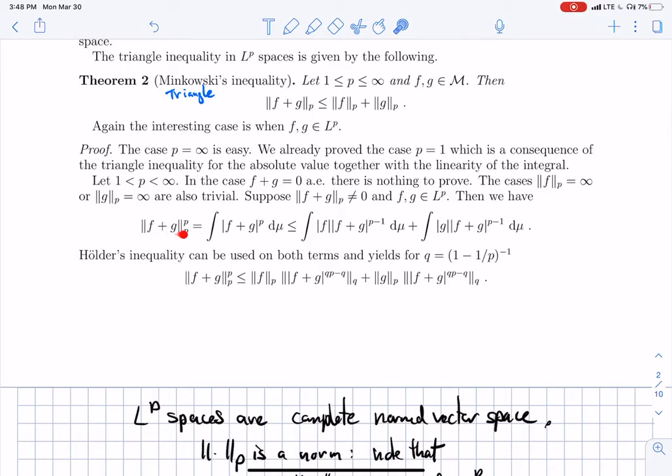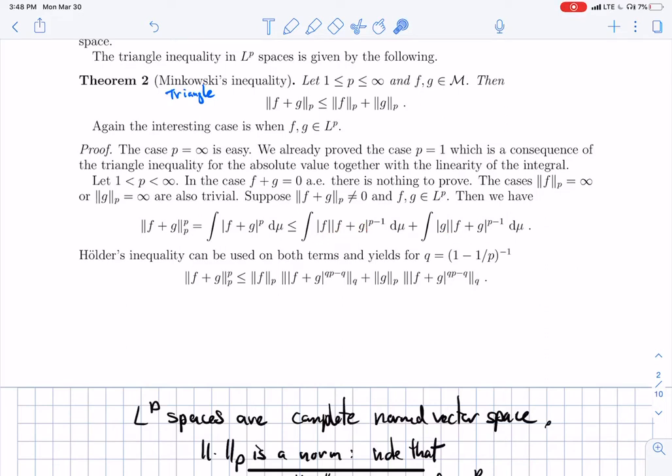So now you just write the pth power of the L^p norm. That's just this, and then you just separate f plus g into 2. So essentially you're using the triangle inequality version 0, right? But then what you do, you have a product of functions, so you can apply Hölder's inequality to these. Okay, so you can apply it to here and here.